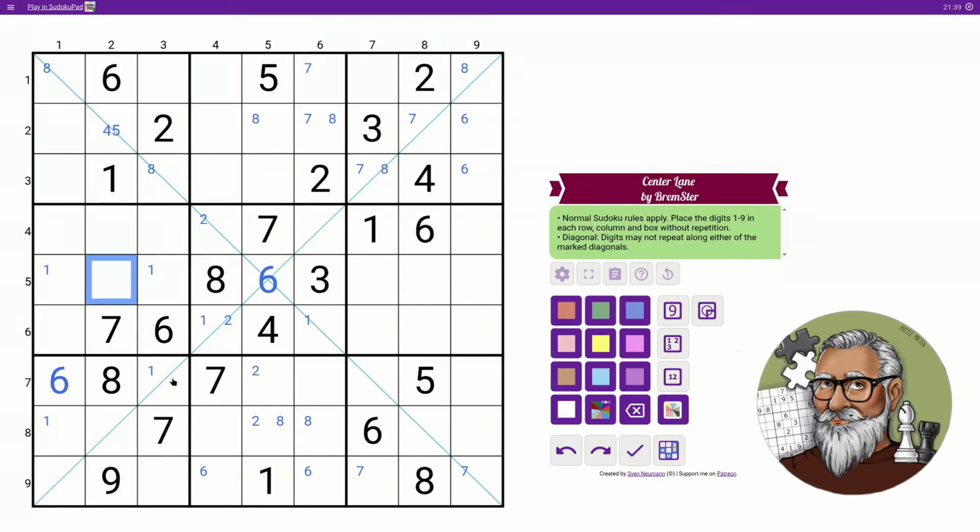Well, there are 3 1s on the negative diagonal and loads on the... Are there loads?